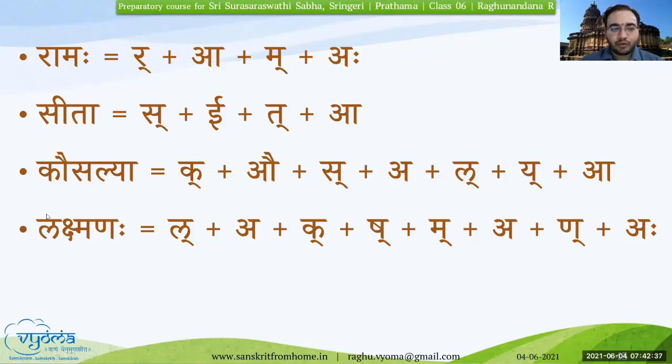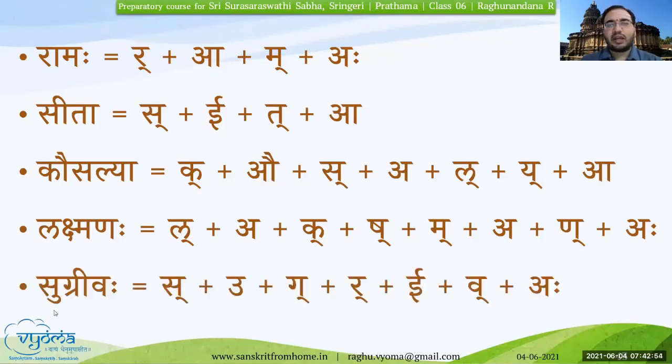Lakshmanaha, if you see here, there is a Samyuktakshara combination of 3 letters: K, Sh, and then M. Again there is no Swara in between these 3. And the last example, Sugrivaha: S, U, G, R, E, V, Aha.